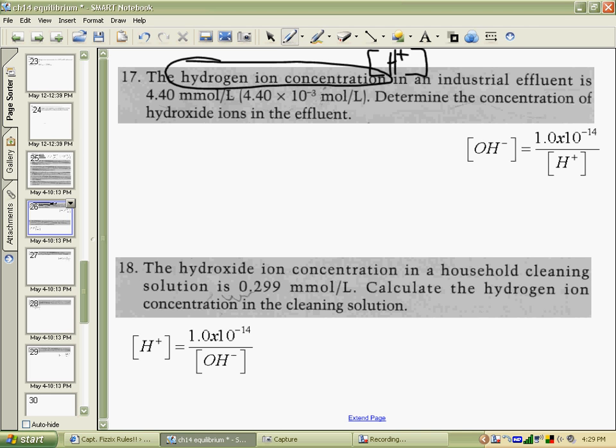They're telling us that the hydrogen ion concentration is 4.40 times 10 to the negative 3 moles per liter. And the question wants to know what the hydroxide ion concentration is. So OH minus is hydroxide ion, concentration, that's what we're looking for.